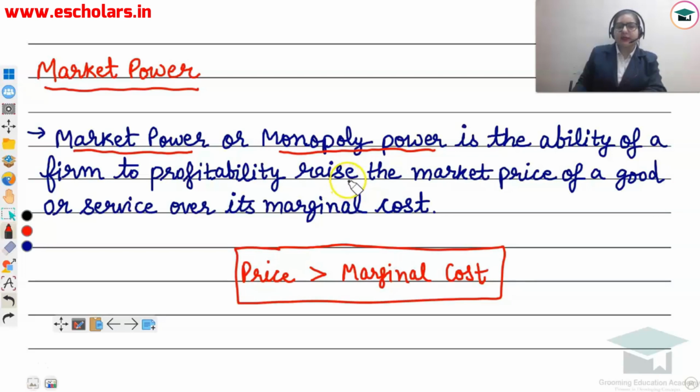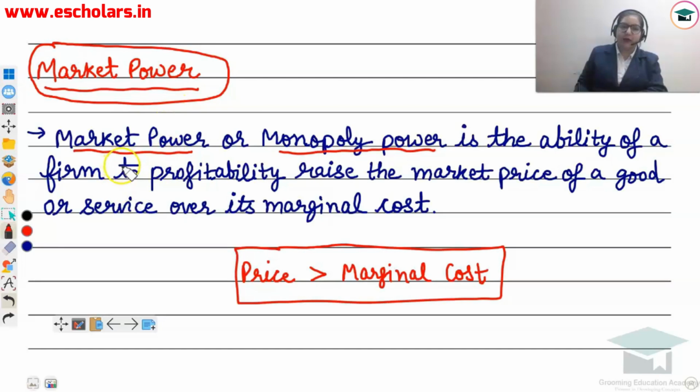But yes, the sellers of perfectly competitive market do not enjoy market power at all, because the sellers in the perfectly competitive market are price takers, not price makers. Monopoly power is enjoyed by those sellers who are price makers, not price takers. Okay, so market power or monopoly power leads to market failure.